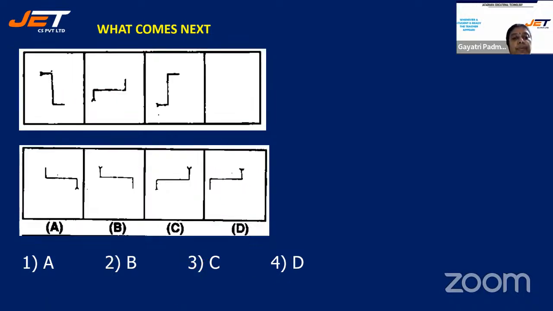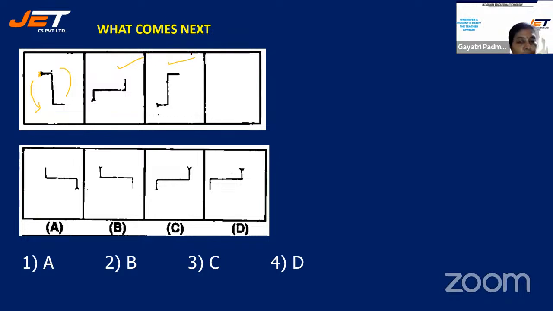We have this darkened one up, then anti-clockwise it moves here. You're tilting the whole figure actually. So when you tilt it, you will get the second one. Then again, you will get the third one.